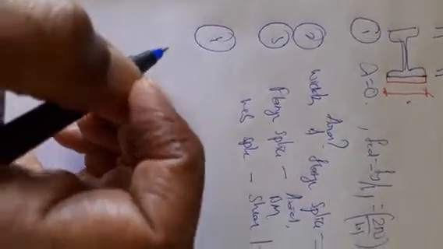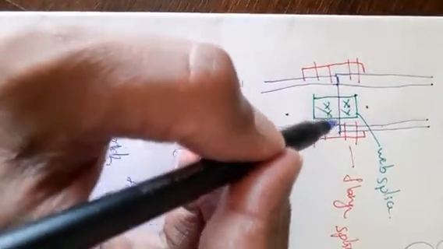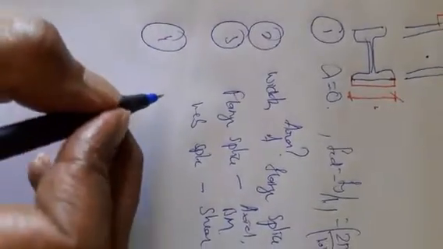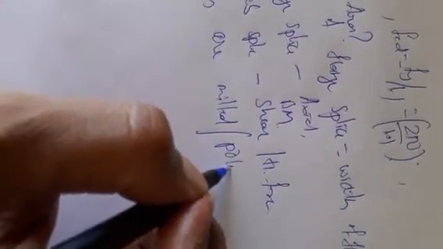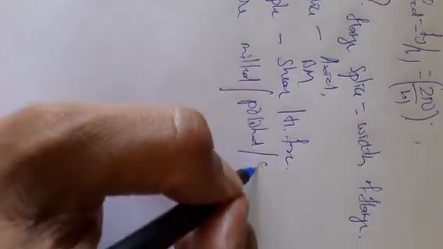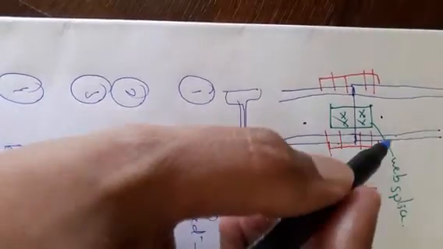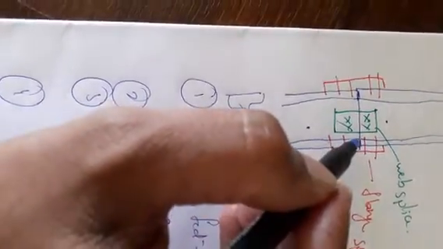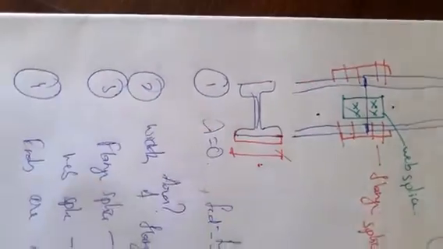Now the fourth condition: if the ends of the columns are milled, polished or smoothened, if I make these edges perfect, then 50% of the load from this flange is transferred to this flange by bearing action, by contact action, and another 50% is taken by these flange plates.